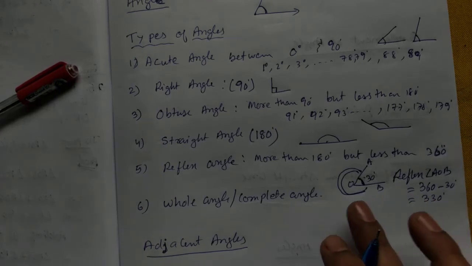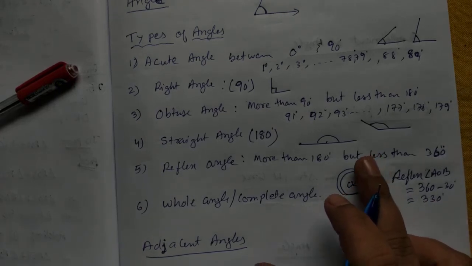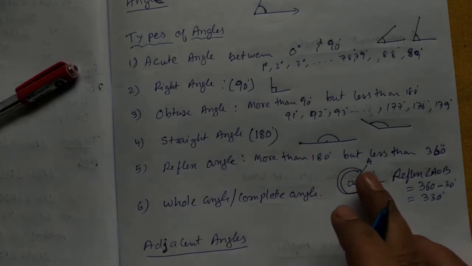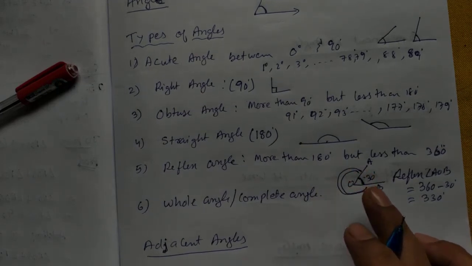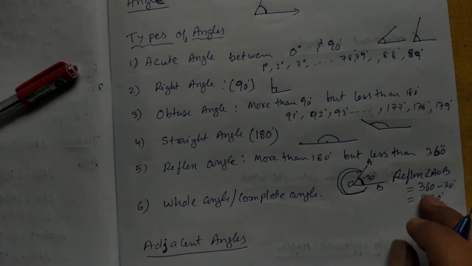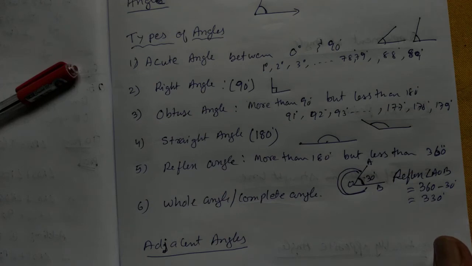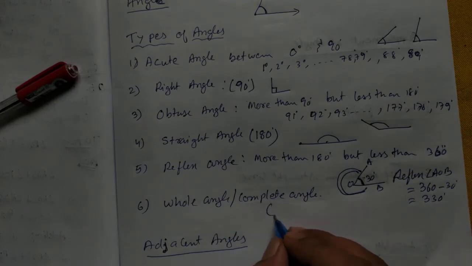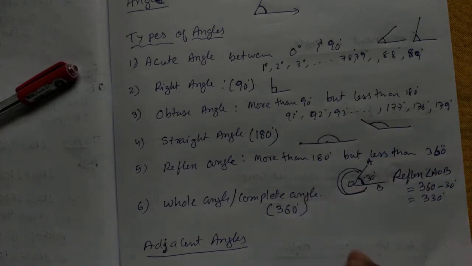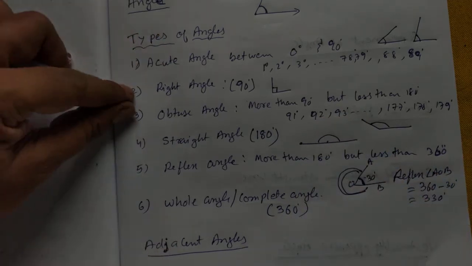And to find the reflex of any angle, we subtract that particular angle from 360. Whole angle means complete angle, whose measure is exactly 360 degree. Complete one round, that is whole angle. Clear? These are the types of angles.